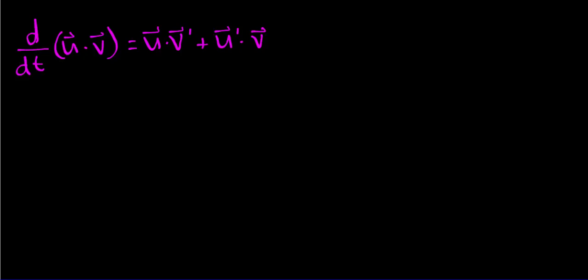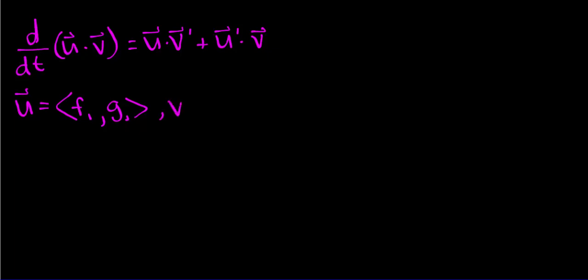Now, for simplicity's sake, I'm going to define my vector u to be f1, g1. In other words, I'm not going to 3 dimensions or 4 dimensions or n dimensions, but you will be able to see that I could expand this for however many dimensions.